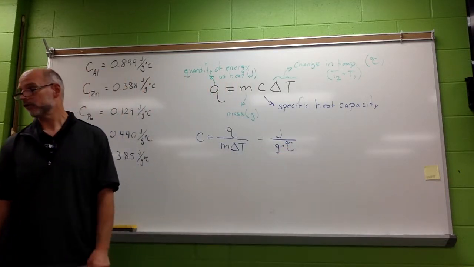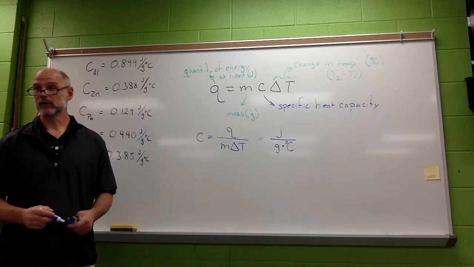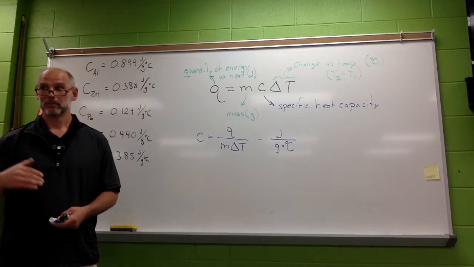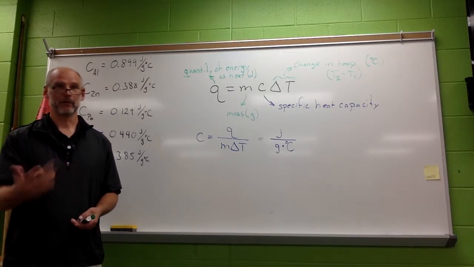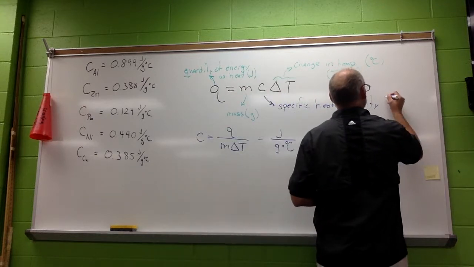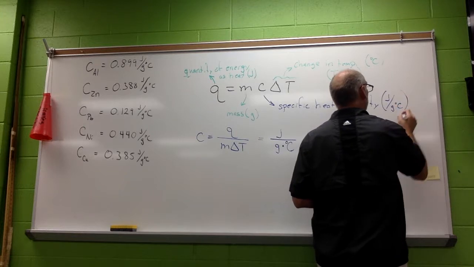Does anything cancel? No. So what's our unit for heat capacity? Joules per gram degree Celsius. Okay? So there we go. The unit for heat capacity is joules per gram degree Celsius.